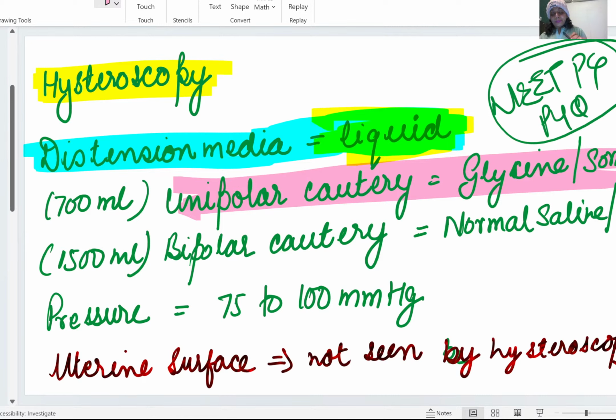Okay, glycine. If we are using bipolar cautery, then we can use the ionic media, normal saline. Okay, a question has come on bipolar cautery.